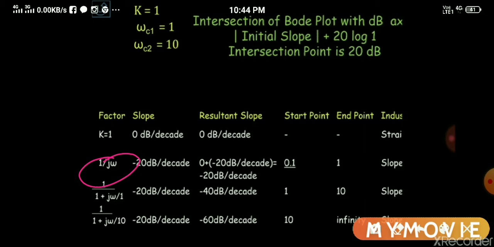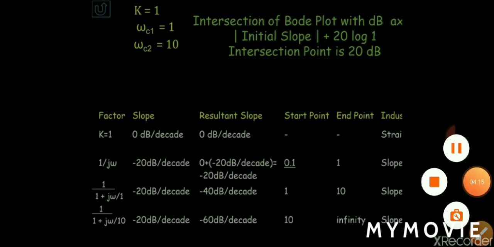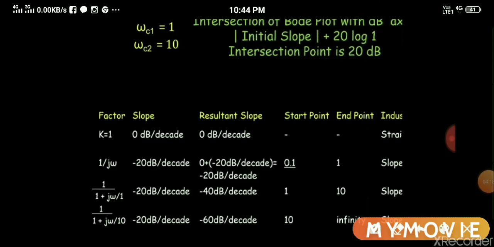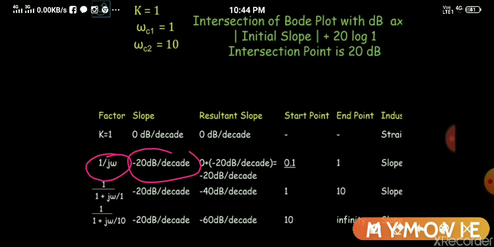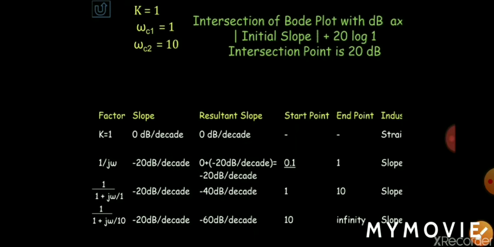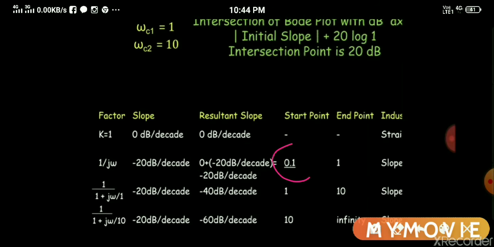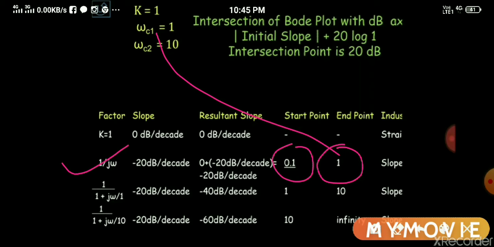Similarly, that is the pole at the origin. One pole means, if you are having a pole, add minus 20 dB per decade.